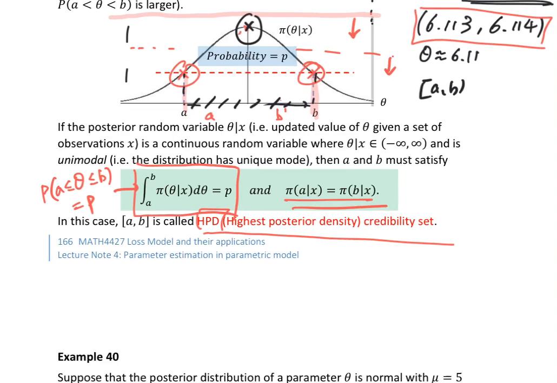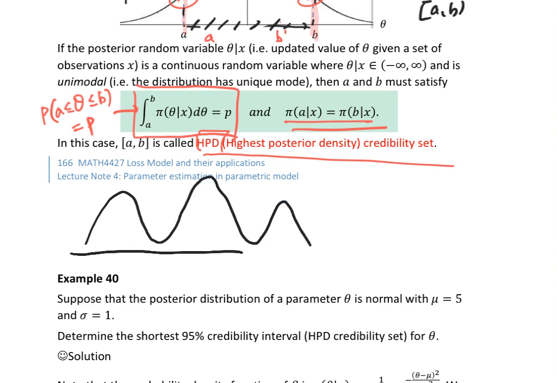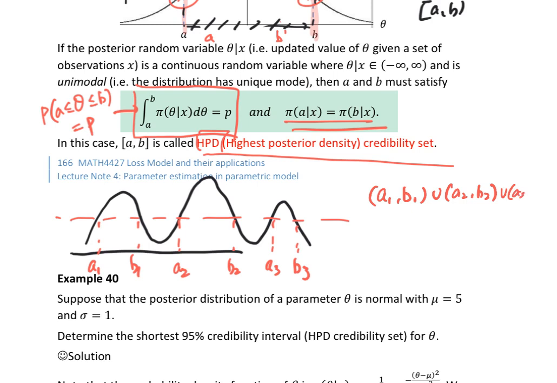But in some cases, especially if you consider some very strange posterior distribution, say one that has multiple peaks, something like that, then if you use this approach to find your credibility set, it is possible that your credibility interval may be something like this, which is a union of three intervals.